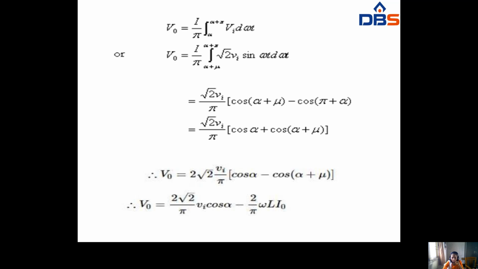So root 2 Vi by pi, cos alpha plus cos alpha plus mu. By simplifying this equation, V naught equals 2 into root 2 Vi by pi, cos alpha minus cos of alpha plus mu. So V naught equals 2 root 2 by pi Vi cos alpha minus 2 by pi omega L I naught.